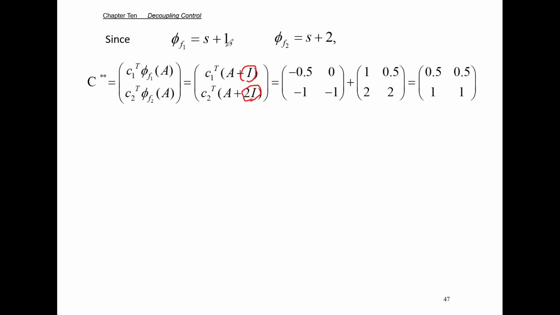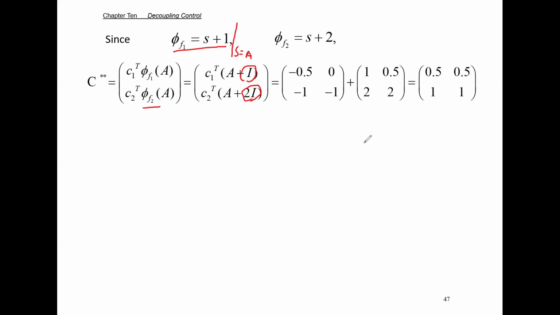The way is, this is the polynomial, you put s equals A. That's how you get it, because s plus 1 becomes A plus I. The second one, s plus 2, becomes A plus 2 times I. Of course, I want to mention a common mistake made by students in the calculation.